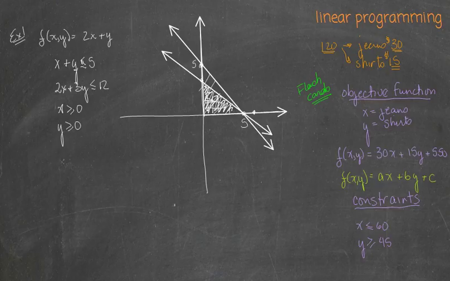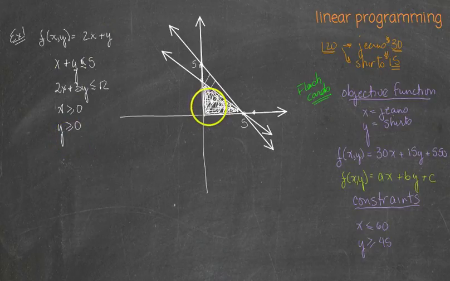Any point, any value, including on the lines that I use to find this region, any combination of x and y that I plug into my objective will be a true statement. It'll fit the criteria or the constraints.